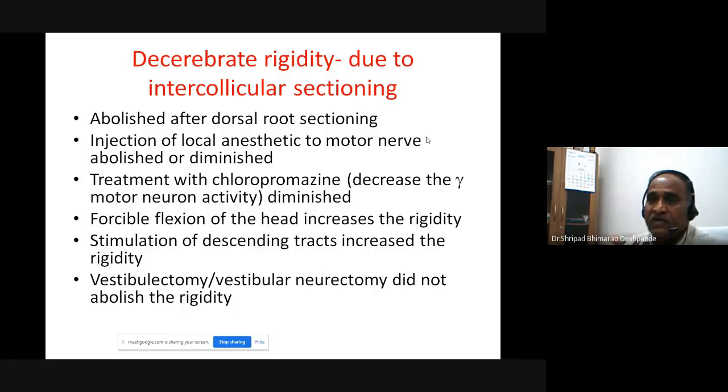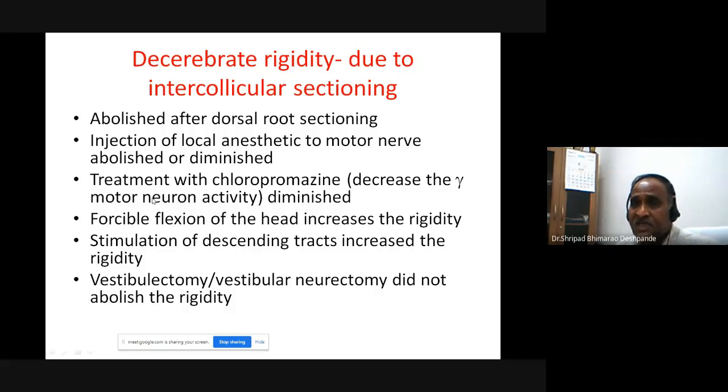The gamma motor neurons are the small diameter neurons, and the alpha motor neurons are the large diameter neurons. So the alpha motor neurons are spared, and the gamma motor neurons are affected. So the local anesthetic abolished or diminished the activity, which is again in favor of the gamma motor neuron.